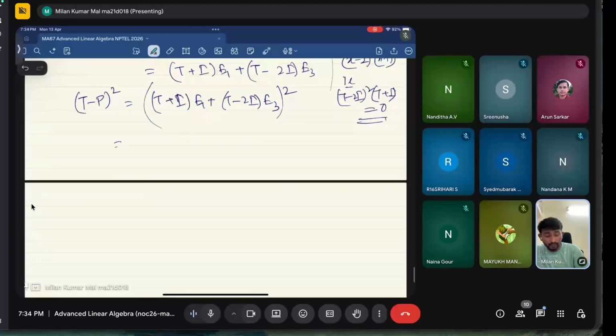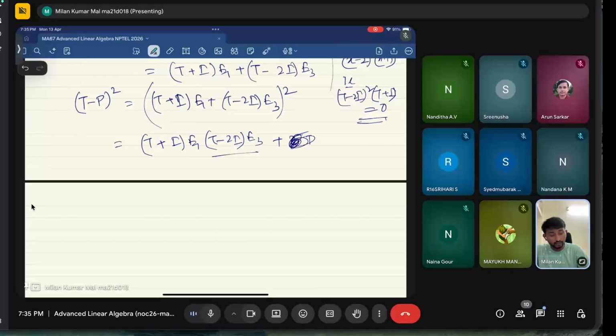I will get (T plus identity) E1 (T minus 2I) E3. Here I just want to point out that these projections are polynomials in T. Another thing, it will be 2 times, not 2 times, actually this will be 2 times... I have written (T plus identity) E1 (T plus identity) E1.